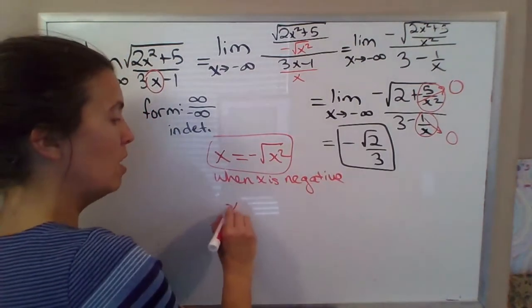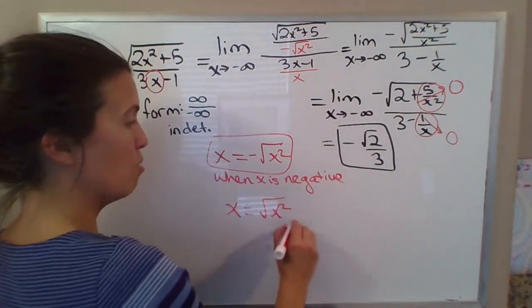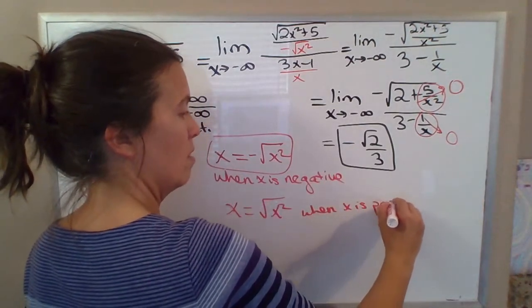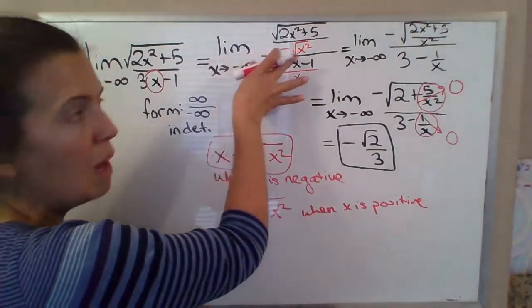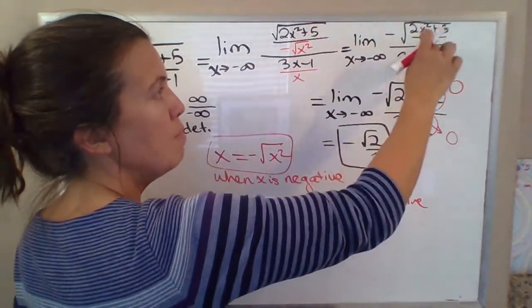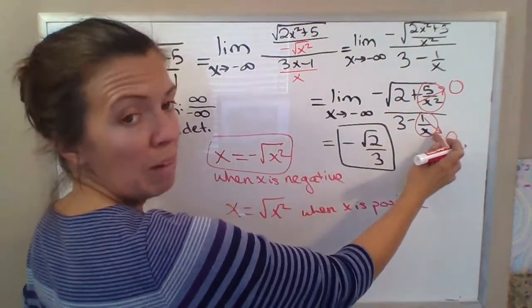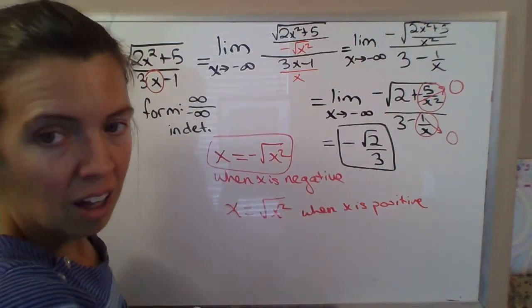And for the record, if x were positive, then x is equal to positive square root of x squared. So we divide top and bottom by that highest power, break it up and simplify. Limits of the form finite number over plus or minus infinity go to 0, and then you're left with a finite value.